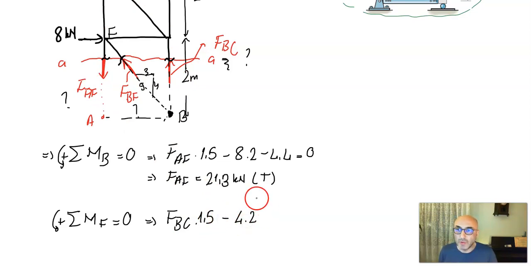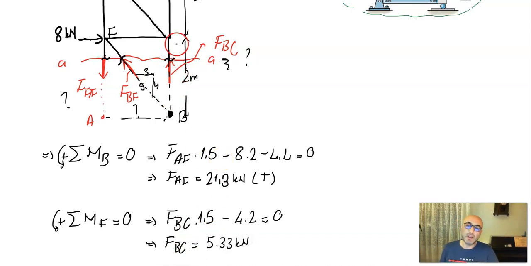The 8 won't be in this equation, only 4 times 2, so that is equal to 0. So my FBC will be equal to 5.33 kilonewton, and the initial assumption was compression, so since I find a positive value, that's compression.